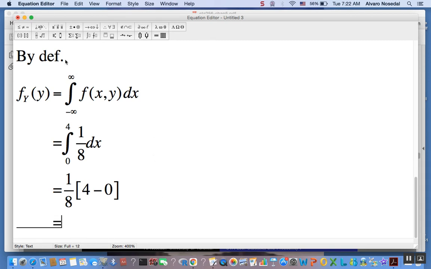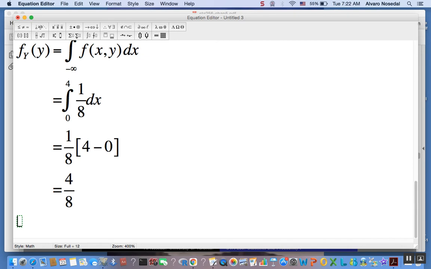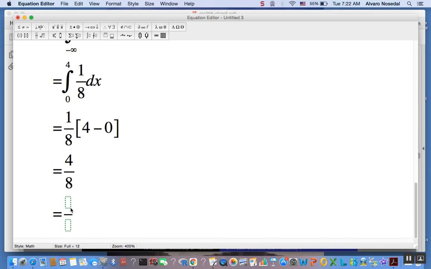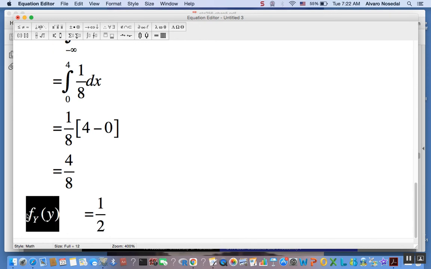But that is just going to be 4 over 8, which is just 1/2. And that would be the expression we have for the marginal of y. No problem.